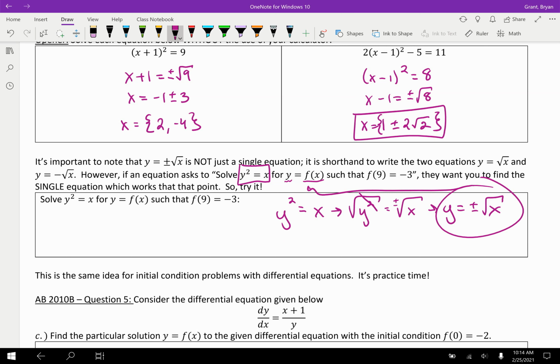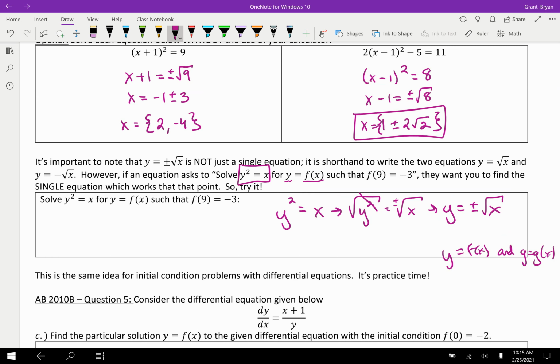Rather, you could maybe argue that this is in the form of y equals f of x and y equals g of x, because there are two functions here, the positive square root of x and the negative square root of x. So if you're asked to solve in the form of y equals f of x, they mean list the single equation.